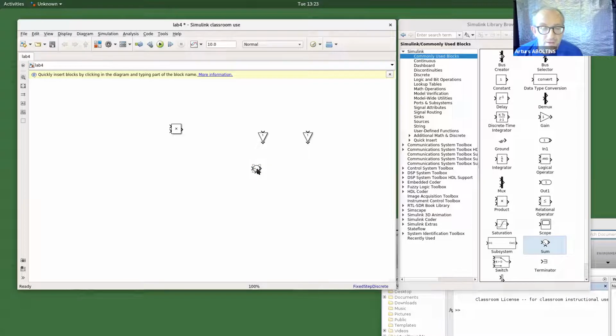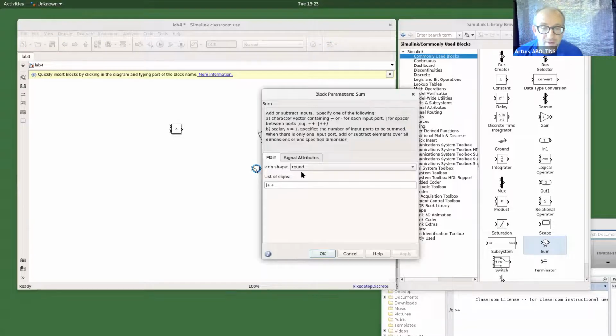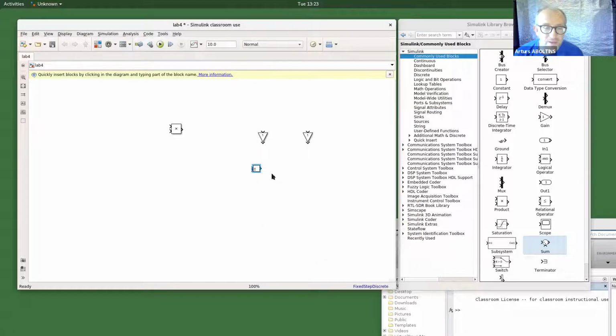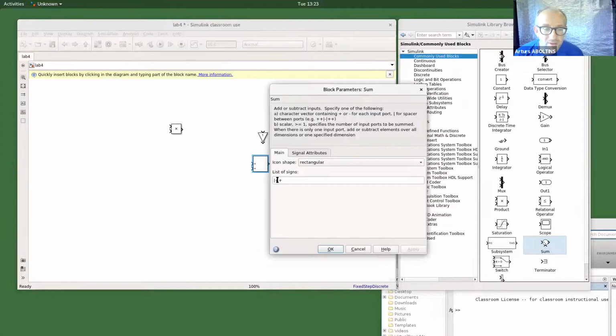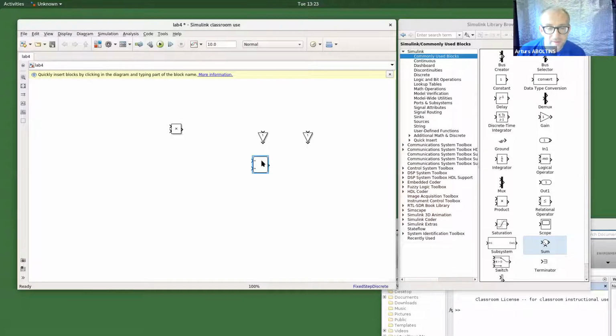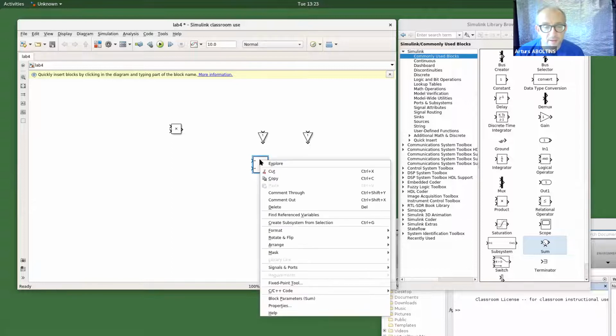Okay, if you wish that the sum is square, rectangular, then maybe we could remove this pipe here. Then it will distribute all inputs evenly. And we will also wish to mirror this block, because normally the signal passes from the left to the right, but because we have a loop, we will mirror those blocks.